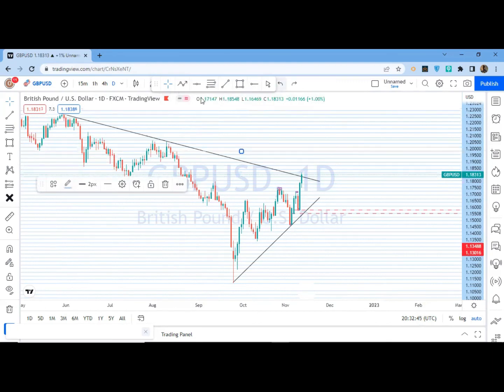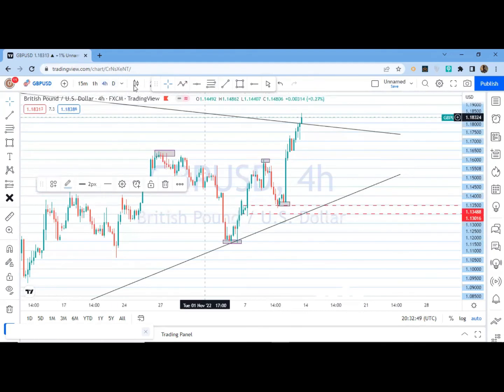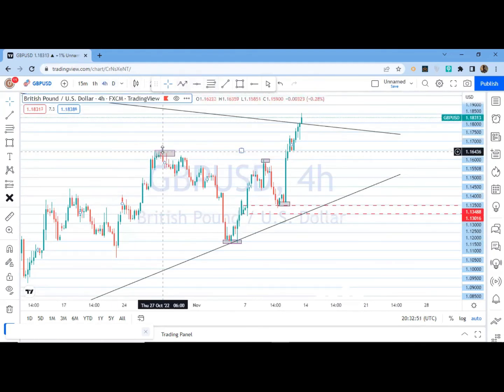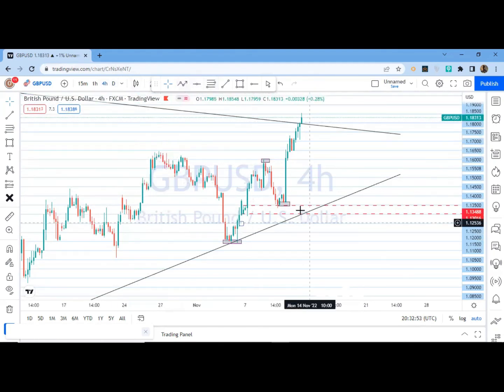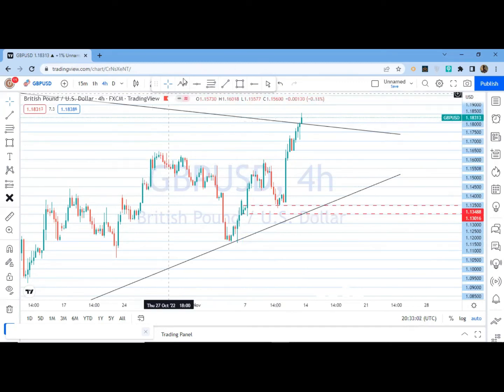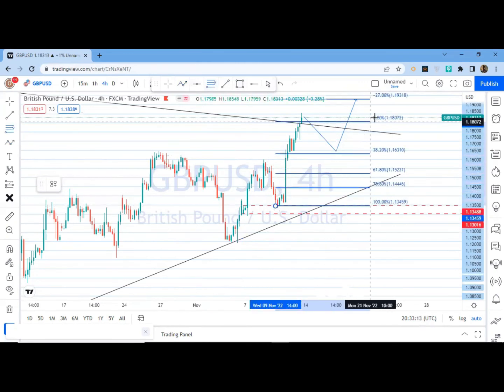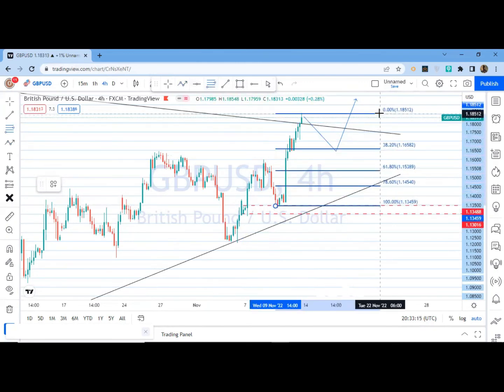Since it's a bullish market, we expect a pullback, then a continuation. Where will it pull back to? That's when we pull up a Fibonacci retracement tool from here to here.